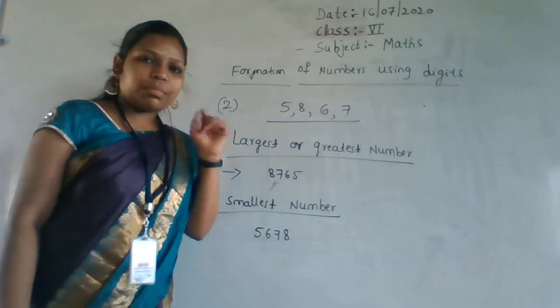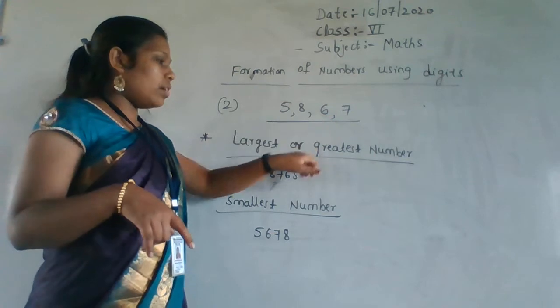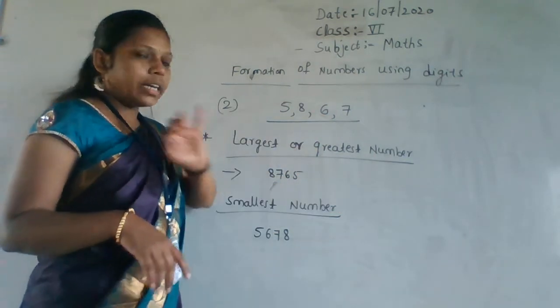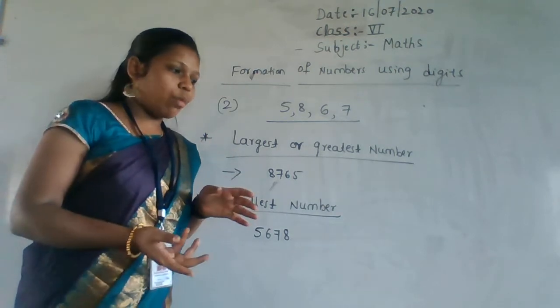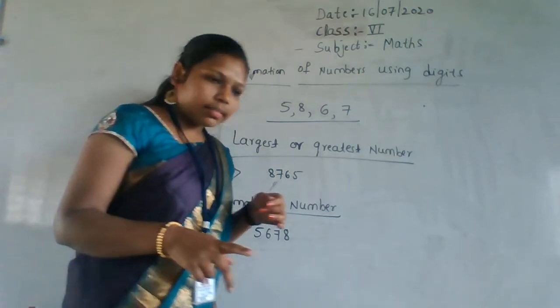They give us some restriction, like 6 is always in the ones place. Then how to write the largest and how to write the smallest number, all those things we'll study in the next class.